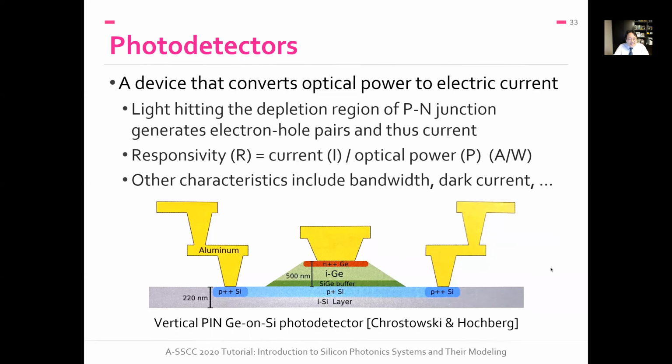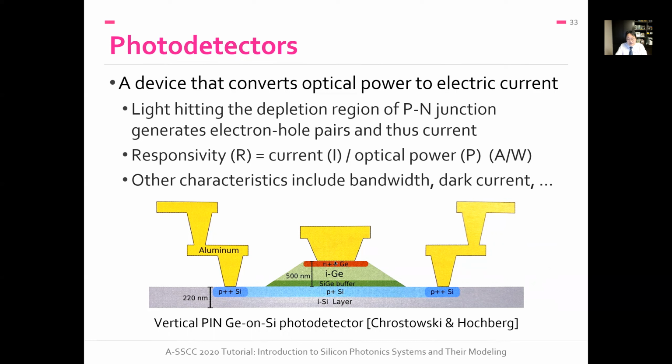All right. Next element to talk about is a photodetector, which is the device that converts the optical power into an electric current. In silicon photonics systems, the most common device is essentially a PN junction in a depletion mode.